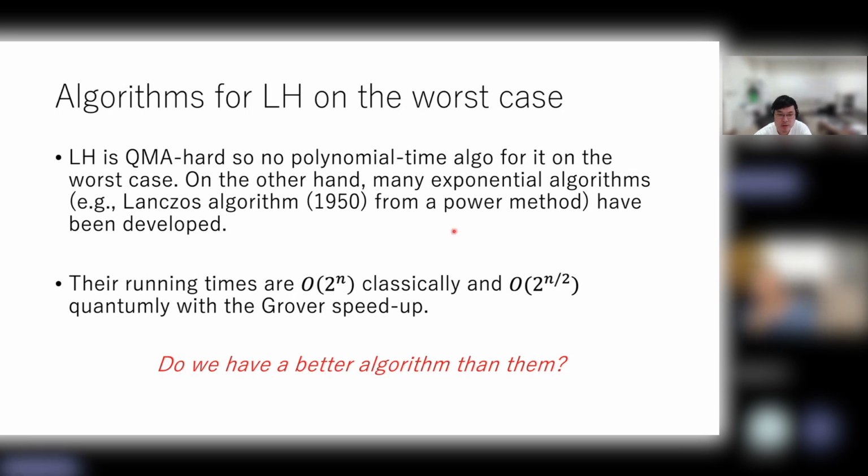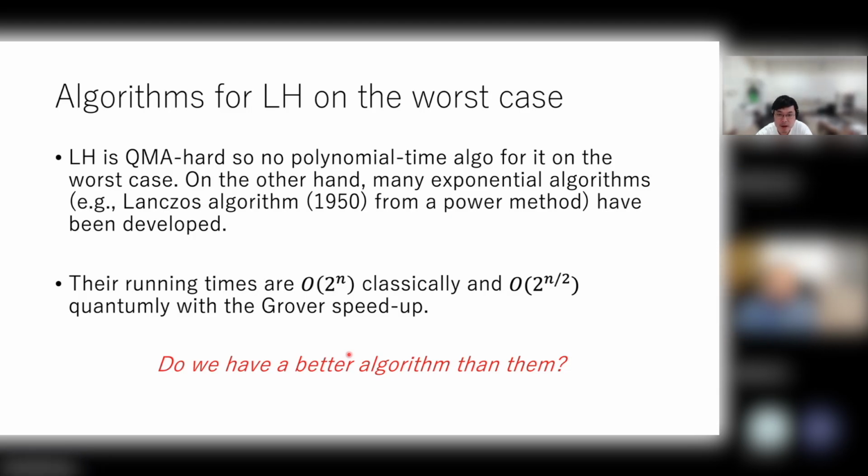The famous one is called Lanczos' method, which is basically using some power method. Their running time is basically 2 to the n time classically, and 2 to the n over 2 time quantumly with Grover-type arguments.